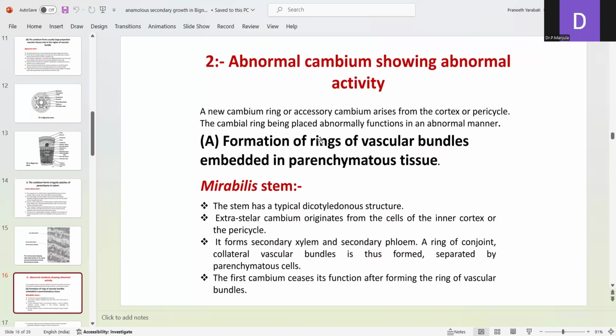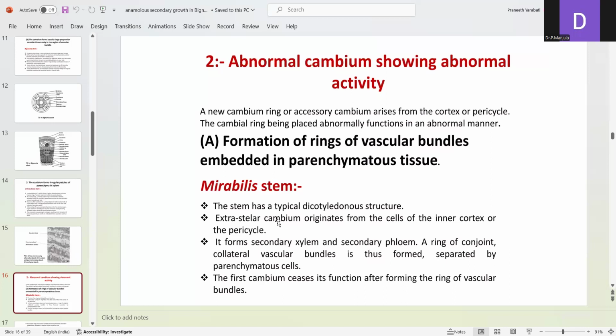Again, here is the formation of rings of vascular bundles which are embedded in the parenchymatous tissue. The example here is the Mirabilis stem. The stem has a typical dicotyledonous structure. That is, the extrastellar cambium originates from the cells of the inner cortex or the pericycle.